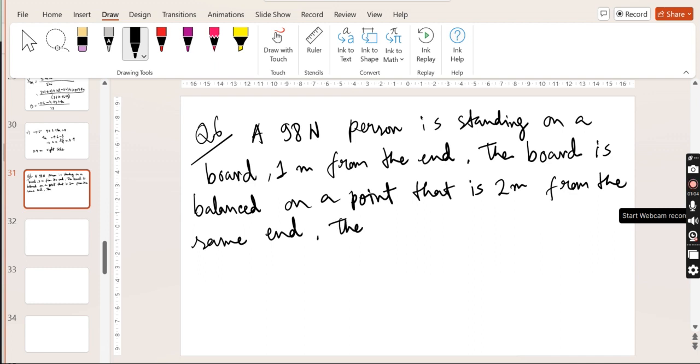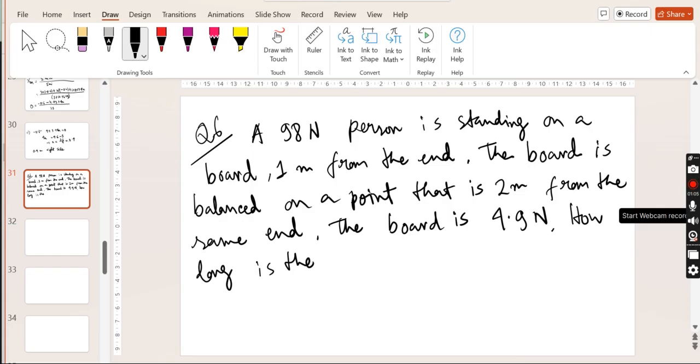The board weighs 4.9 Newton. How long is the board overall?